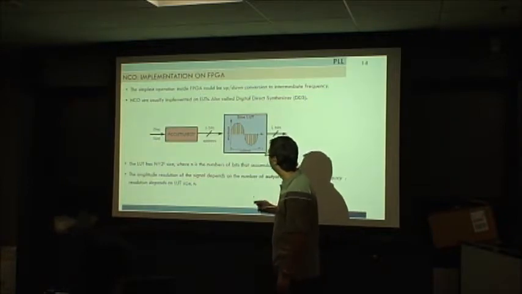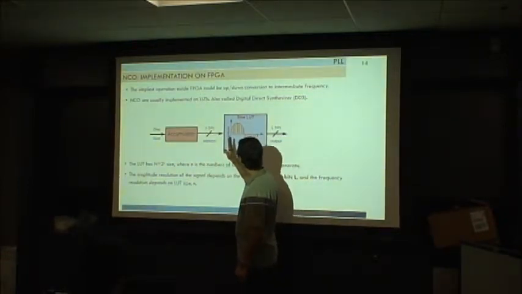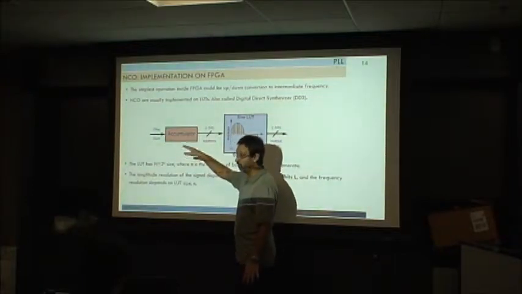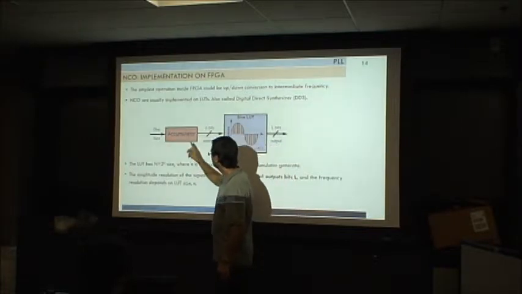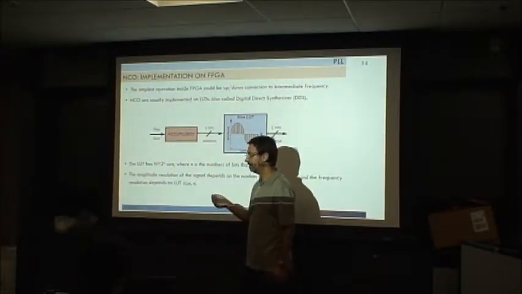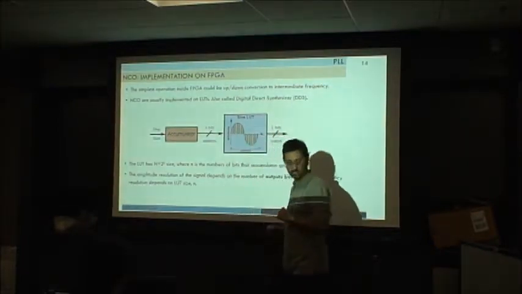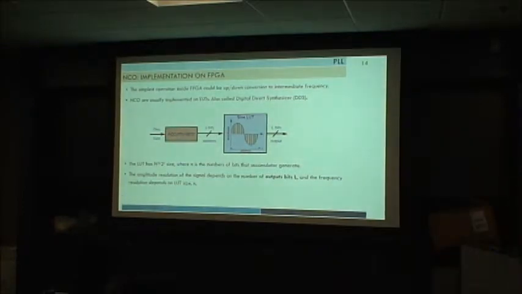Basically this is how it works. And here you have your accumulator that will be sending out each of those samples with some clock that you will have. The number of bits that you have on the accumulator will depend on how big this will be.